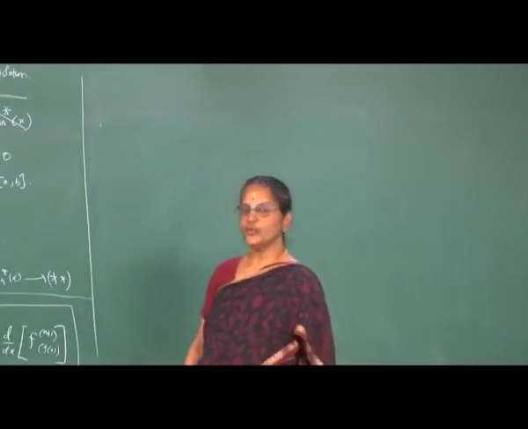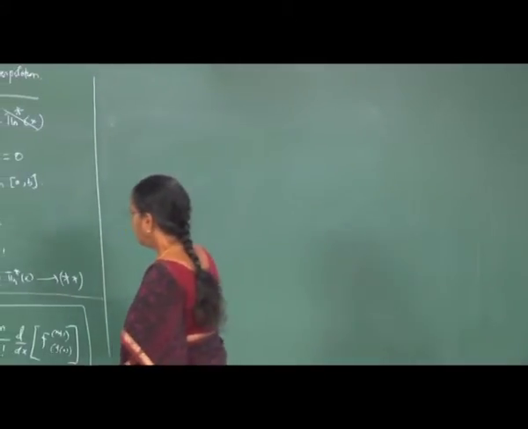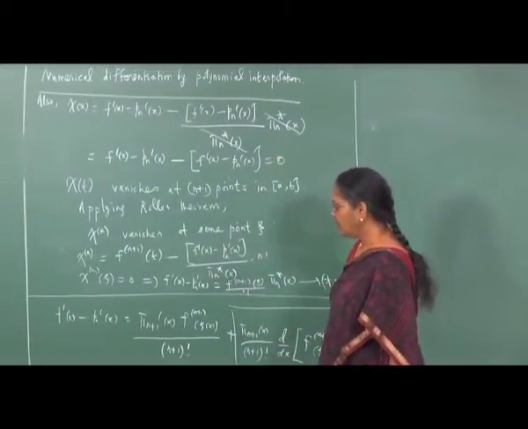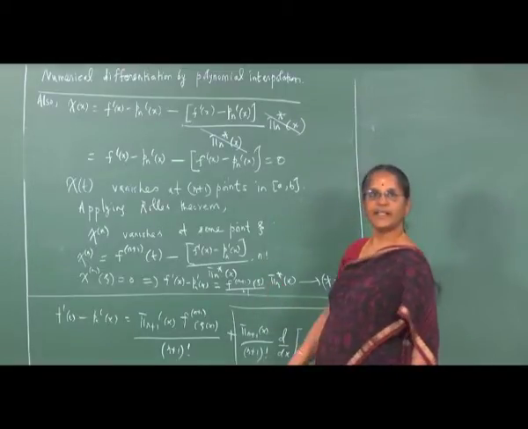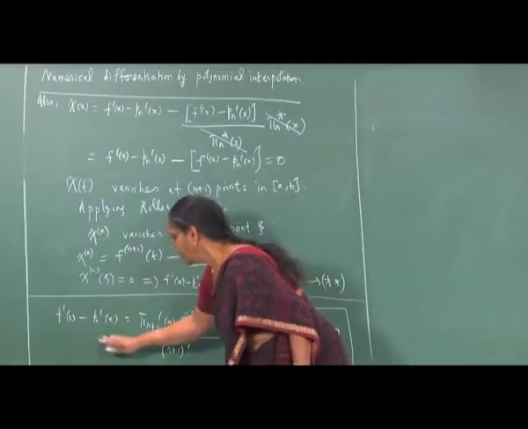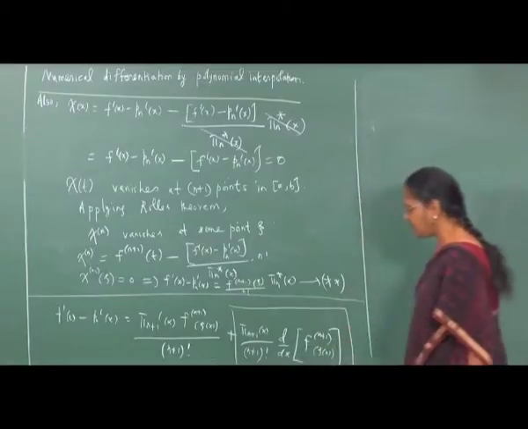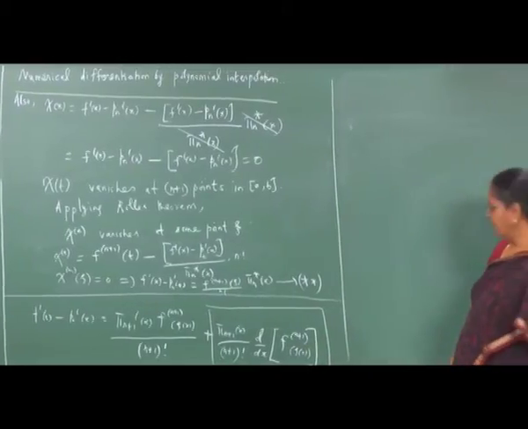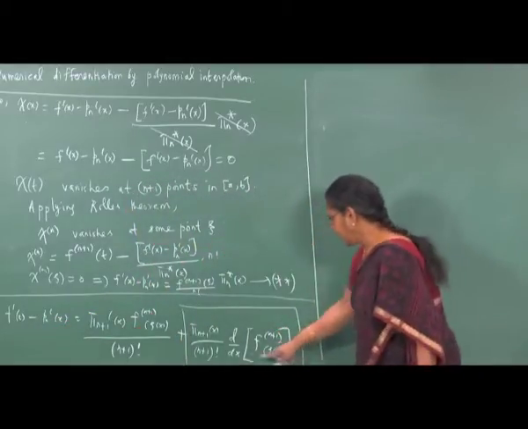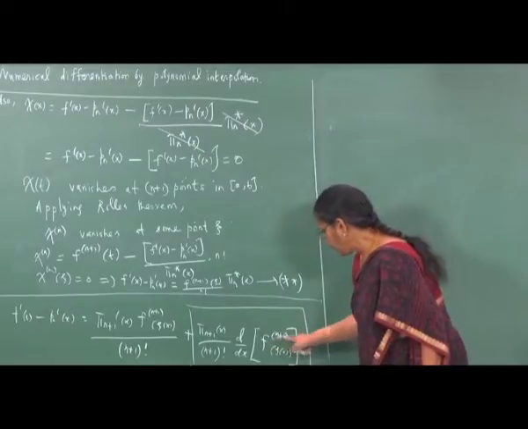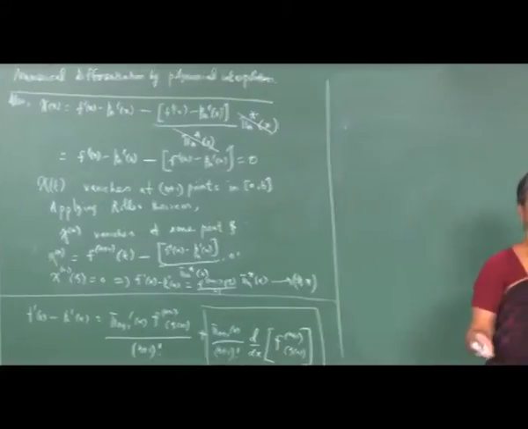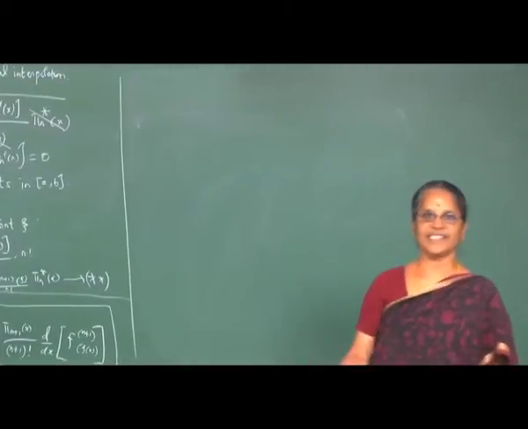Let us now go back to the result that we wrote earlier. Starting from the Lagrange interpolation polynomial and the expression for the error in interpolation, we took the derivative and said f dashed of x minus p n dashed of x is this expression. And we also remarked that we cannot get an estimate for this error, because the second term involves the n plus 1th derivative at psi, which depends on x, and we do not have an explicit expression for the dependence of psi on x.